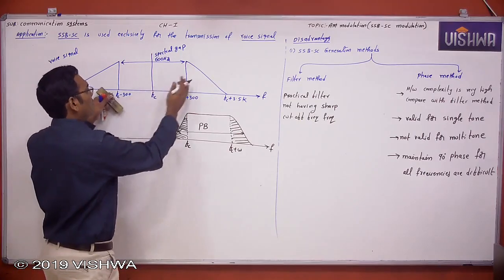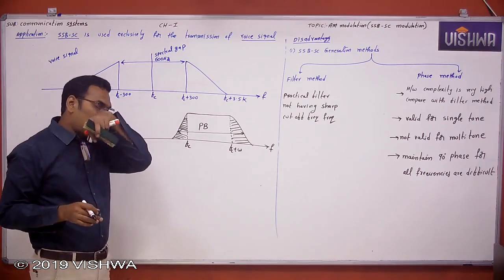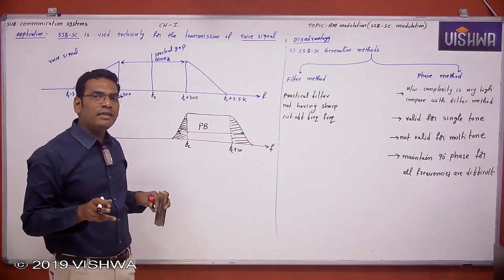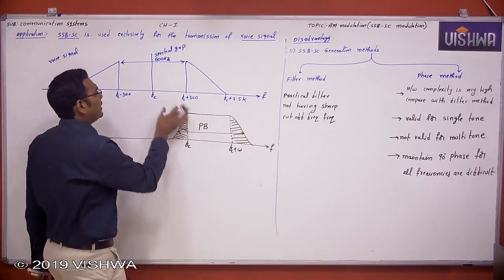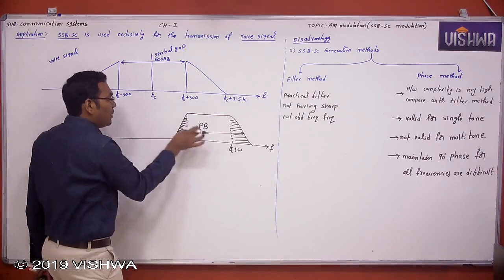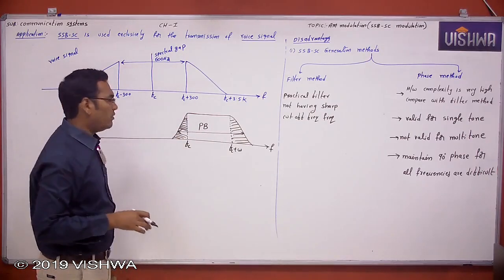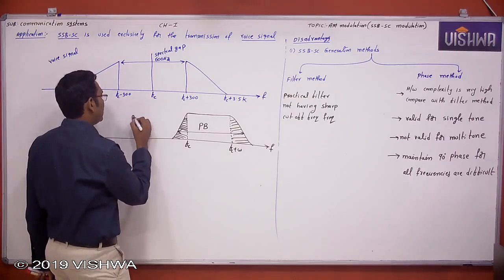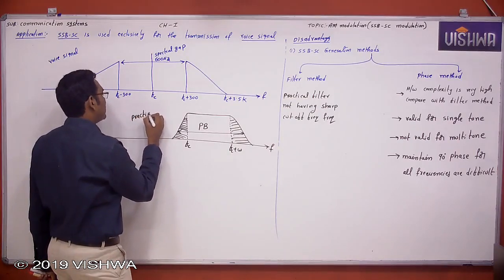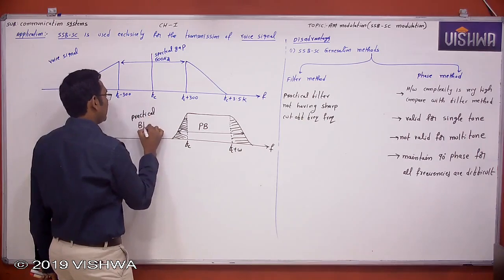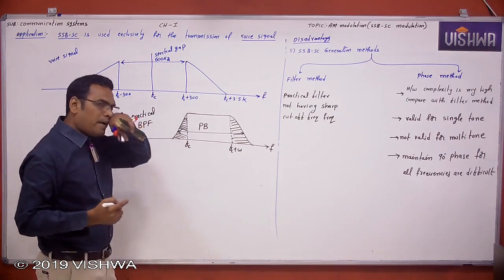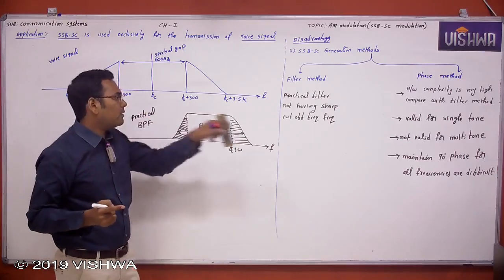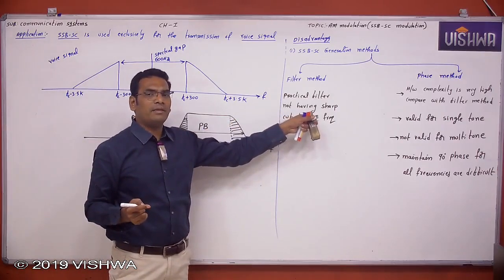So because of the large spectral gap, the voice signal is successfully transmitted by using the SSB-SC modulation technique. By using which filter? Practical band pass filter. What is the meaning of that? The practical filter does not have sharp cutoff frequencies, we know that.